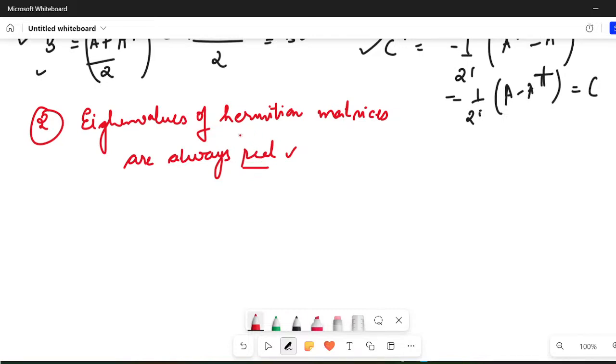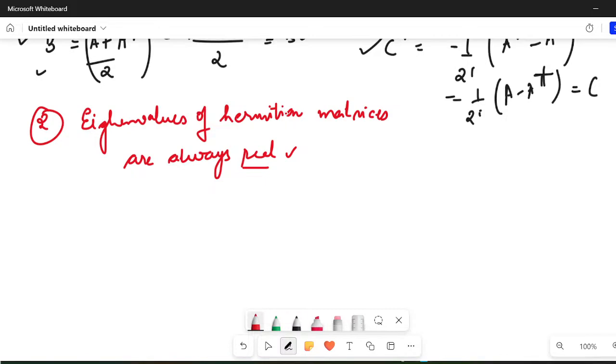This is the reason that all the operators in quantum mechanics are Hermitian matrices, because if they are not Hermitian, then the measurement, which is quantified by the eigenvalues, will be a complex quantity. We know that the measurement should yield some real physical quantity. If I am operating a Hamiltonian, then it should give me the energy eigenvalue, and if the energy eigenvalue is complex, it does not make sense.